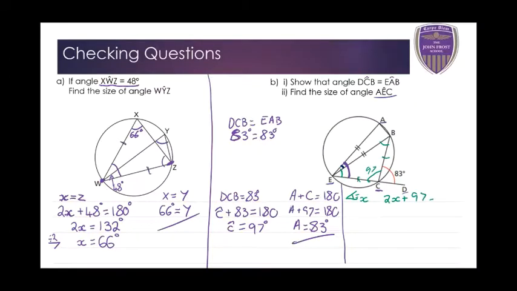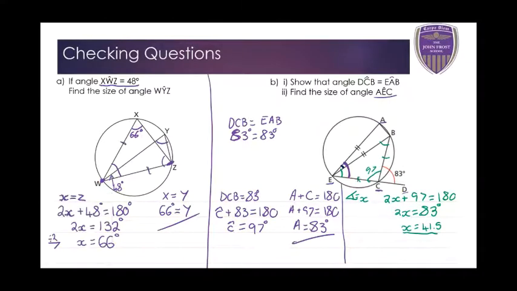So 2x plus 97 equals 180 degrees. Okay, so that means that 2x is equal to 83 degrees, and that means that x is equal to 41.5 degrees.